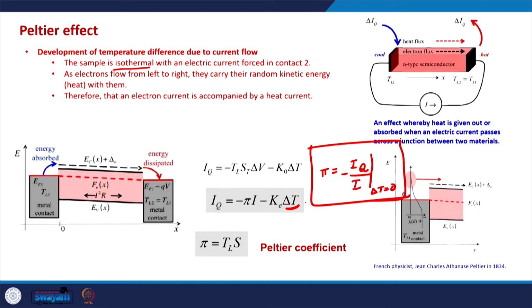So this is the definition of the Peltier coefficient. And as you might have already guessed, the Seebeck effect and Peltier effect are in a way complementary to each other. Seebeck means development of a voltage difference because of an externally applied temperature difference, and Peltier means development of temperature difference because of the current induced in the system.